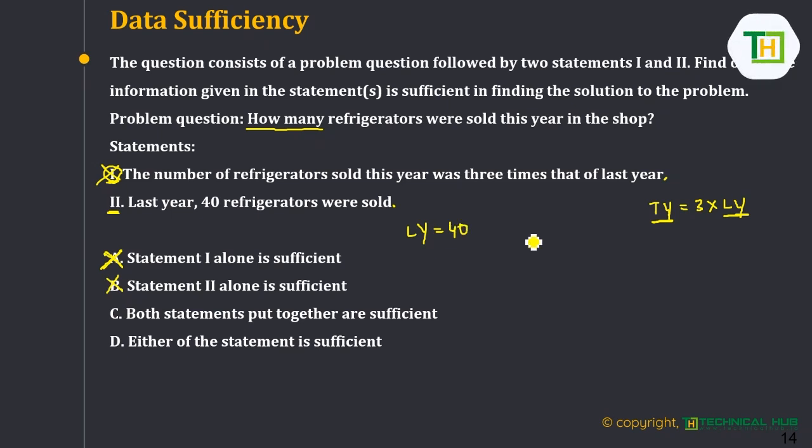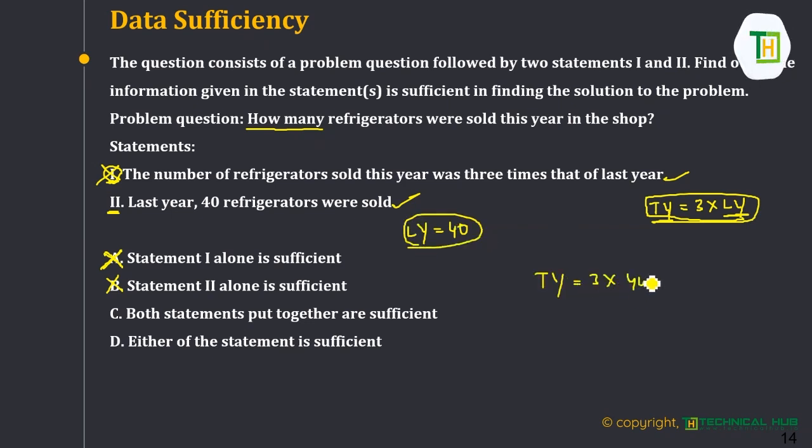But if I take both together, now I have the relation between this year and last year sales, and I know the last year sales also. Now this year's sales will be equal to 3 into 40, so 120. You can find the answer if I combine both the statements.